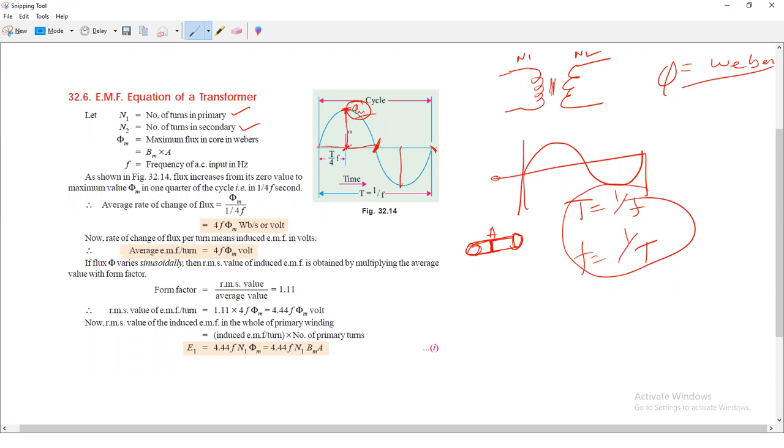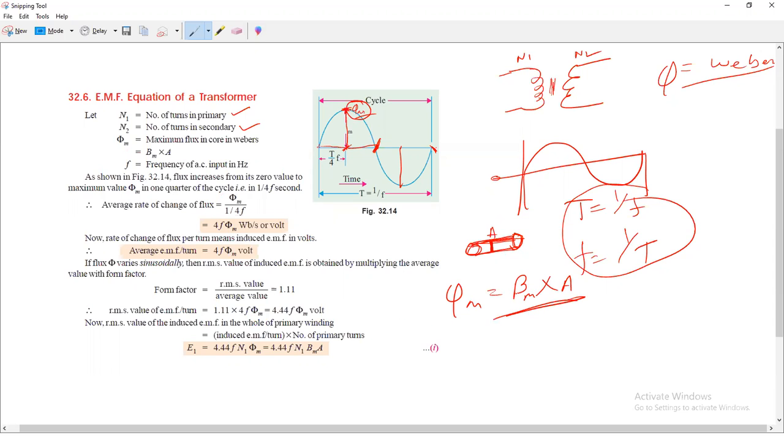So flux density depends on your coil. Flux means flux density into area.